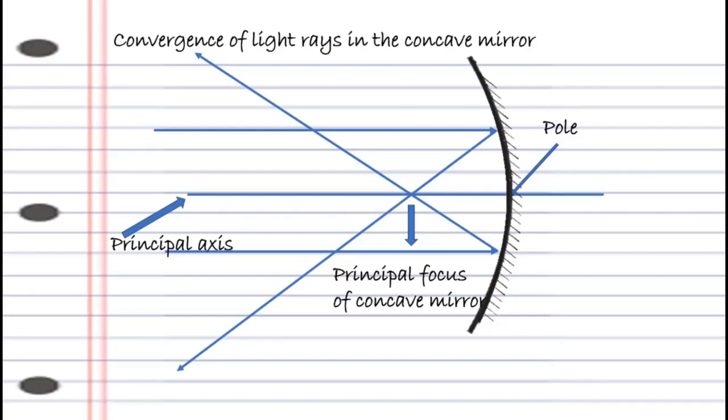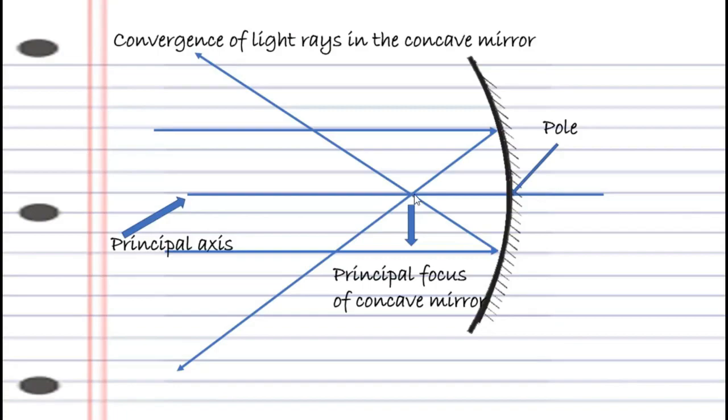And why do we need the principal axis now? We need the principal axis to refer to these incident rays. Now I can say incident rays which are parallel to the principal axis, this is the principal axis, reflect back and pass through a single point on the principal axis.